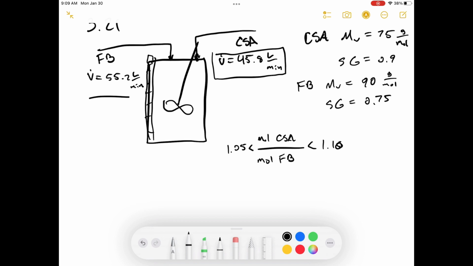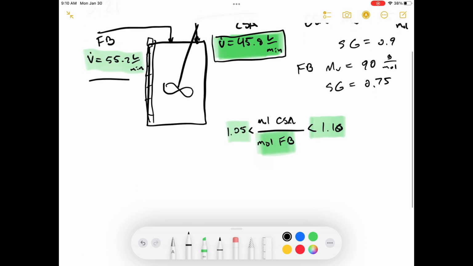Okay, so let's figure that out. What we need to do is figure out how many moles we have in this stream going in, and then we need to figure out the range. We need to figure out this range and find out where this flow rate falls. Okay, so let's start here so that we can know what the ratio should be.